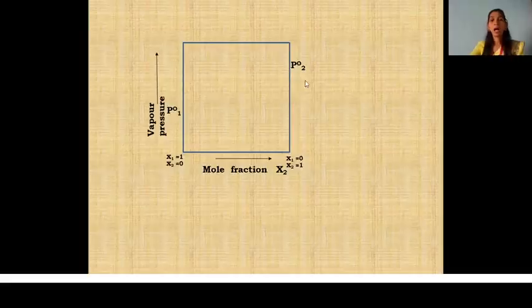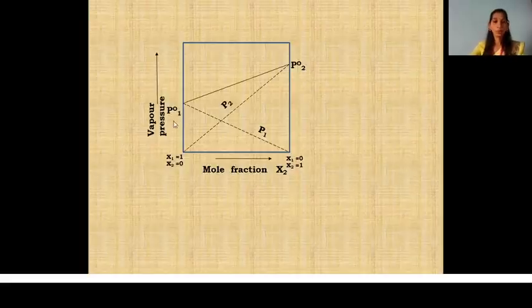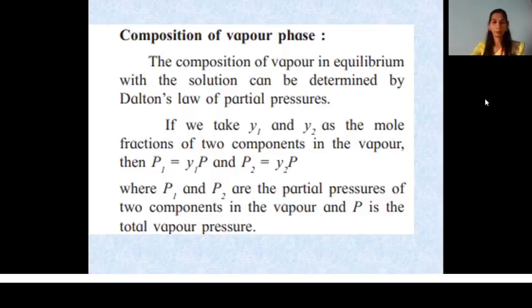The more volatile one has a high vapor pressure, while the less volatile one has a lower vapor pressure. If we join P naught 1 and P1, then P naught 2 and P2, and if we join P naught 1 and P2, we get a straight line graph. It is our PT is equal to P1 plus P2.